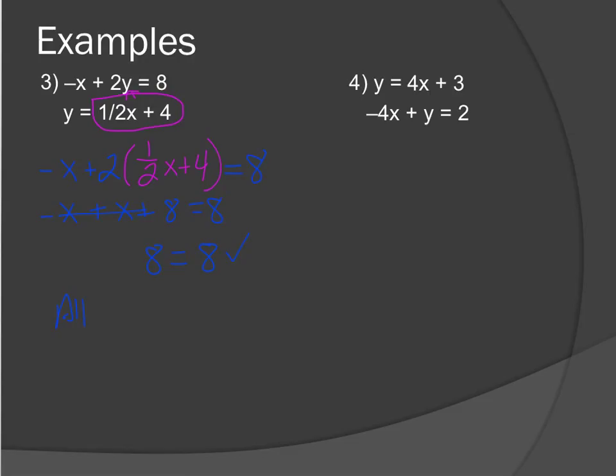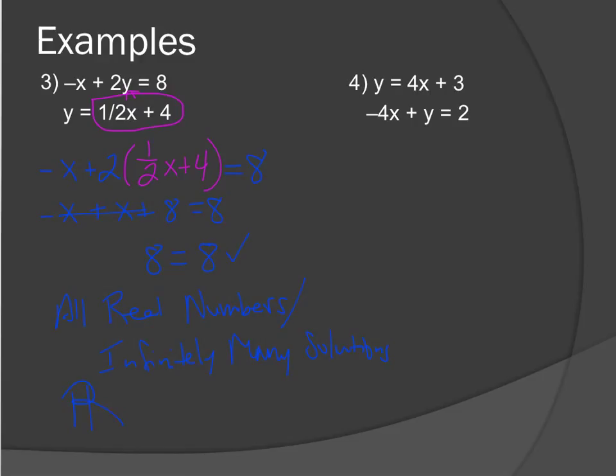It's also known as the identity, or all real solutions. Also known as infinitely many solutions. All real numbers can be abbreviated with the capital R.